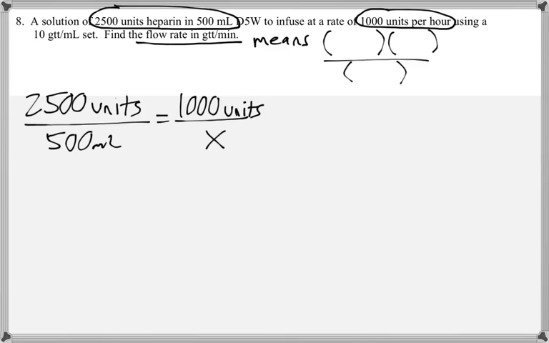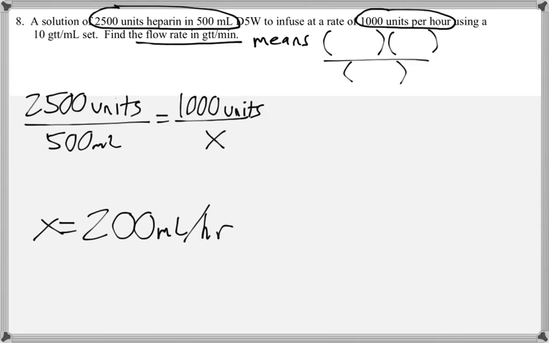So 500 times 1,000 divided by 2,500, and we get x is equal to 200 mLs per hour.